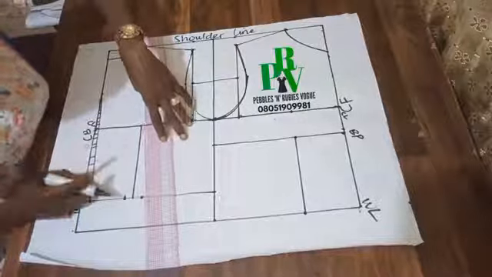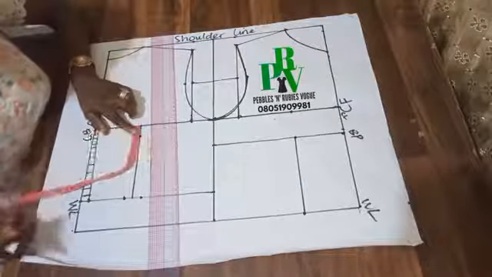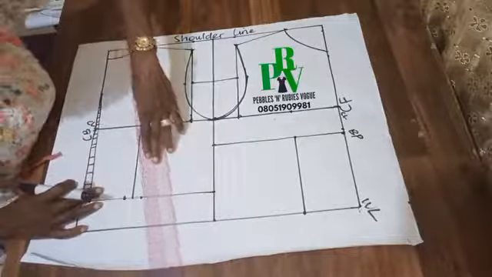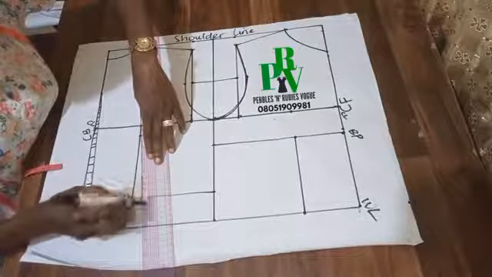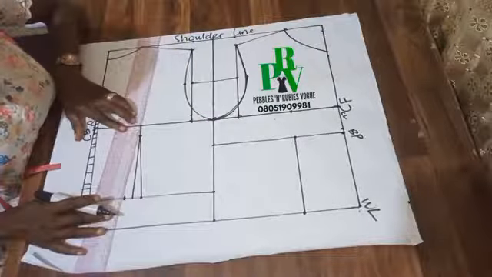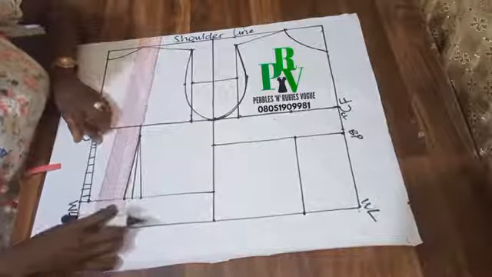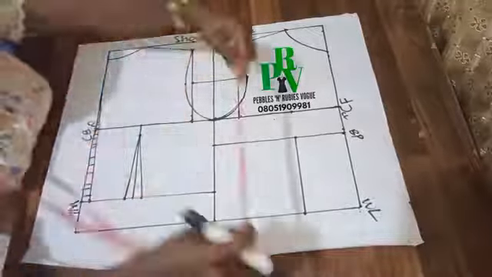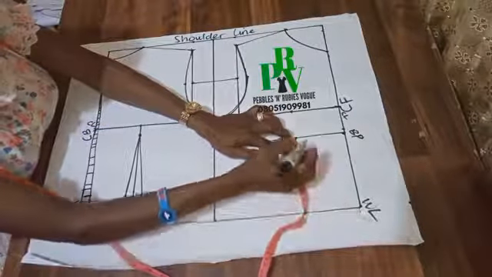And then from the chest line, you come down by 1 inch. This is the point we are connecting our waist dart to. So I'll connect the waist dart to that point. All right, and then I'll come to the front block, come down by 1 inch as well from the bust point.